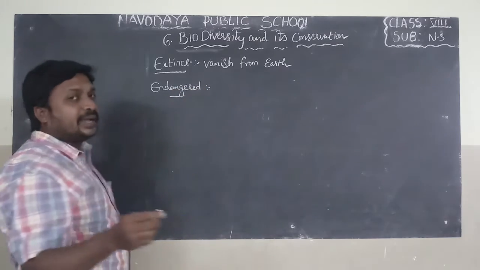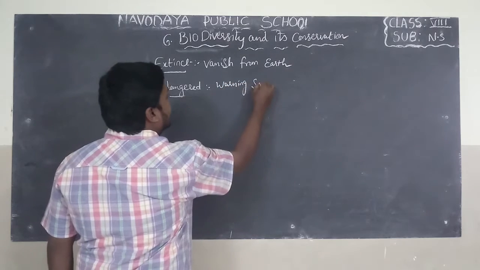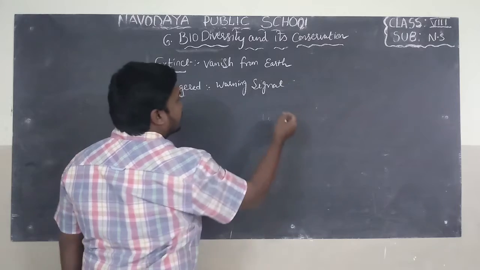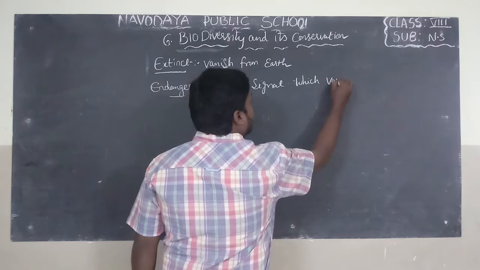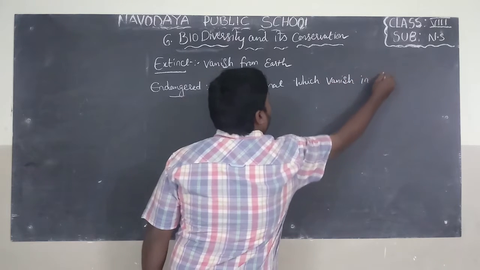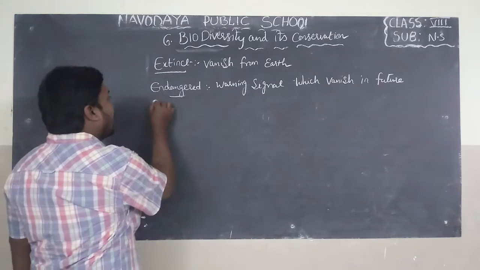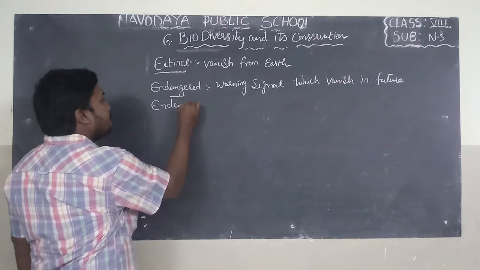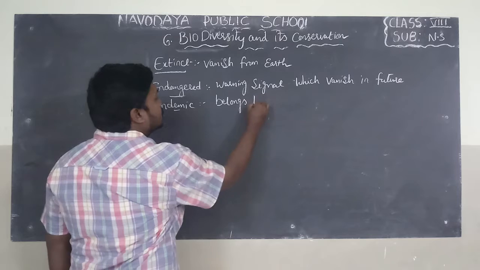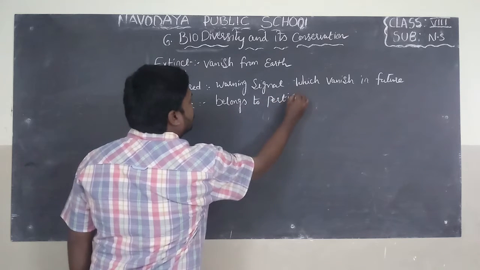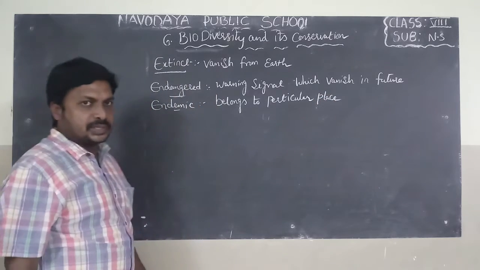Endangered means it is a warning signal to animals which may vanish in future. Endemic species. Endemic means the animals or plants which belong to a particular place are known as endemic species.